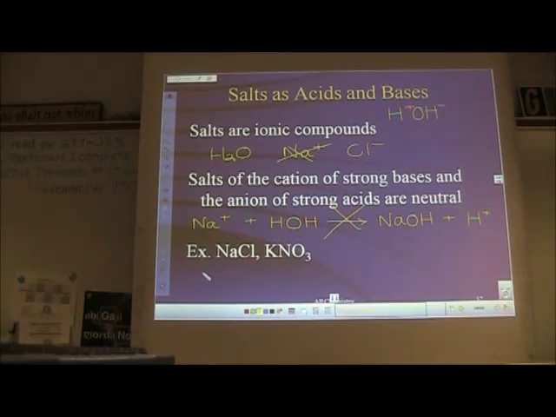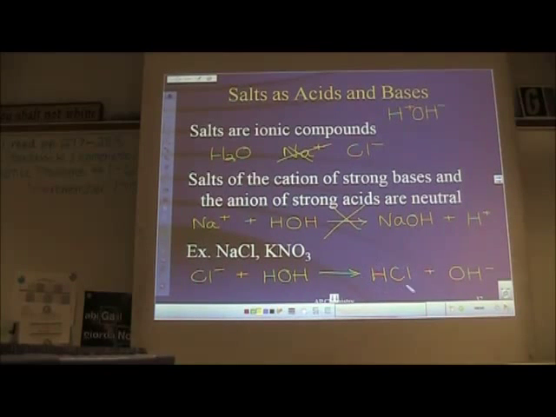The Cl minus might. Let's try this one. Can you please tell me what part of the water here might this Cl minus link up with? Okay. HCl.